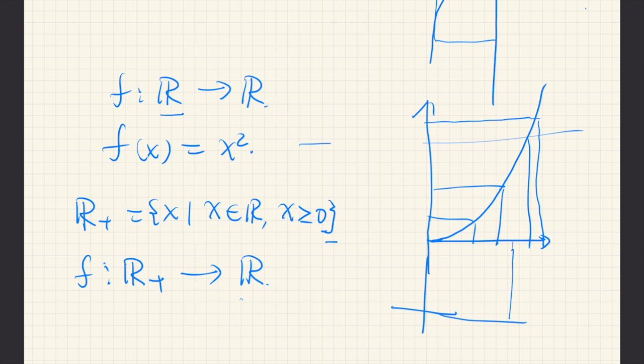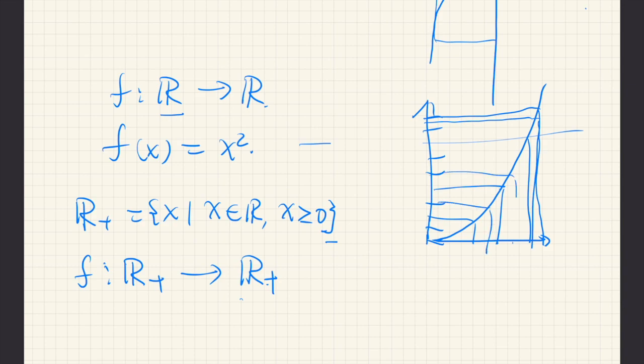But again, if we limit the codomain to the non-negative real numbers, then we do not consider the negative part of y. Therefore, for every element of the codomain, we have a corresponding element in the domain. Therefore, it becomes a surjection. So regarding surjection also, it depends on the choice of the codomain.